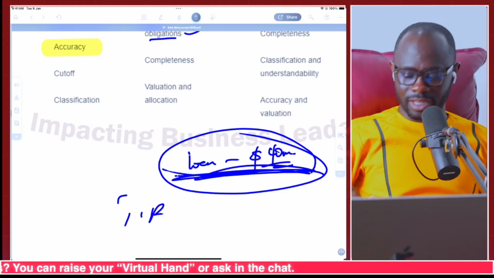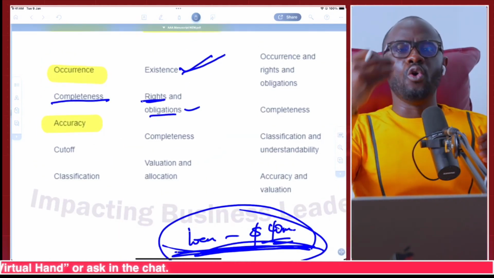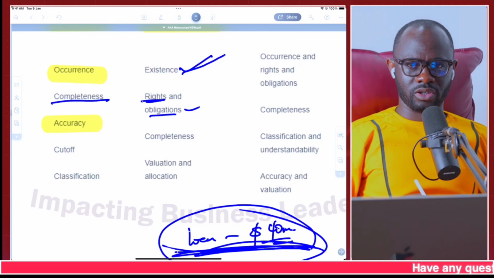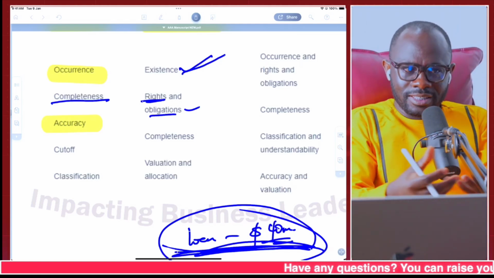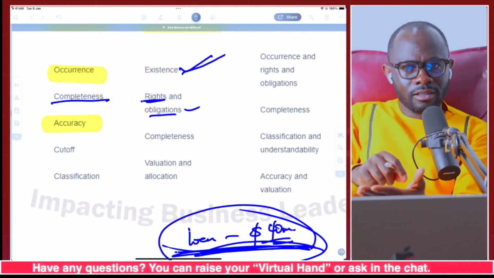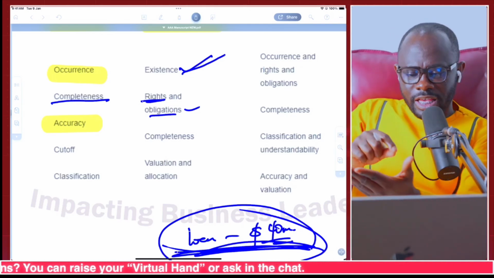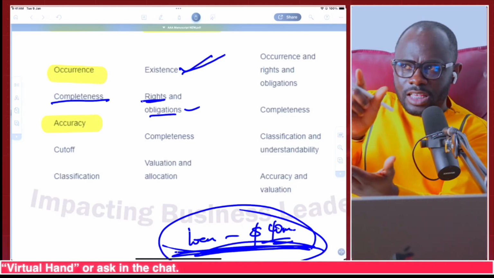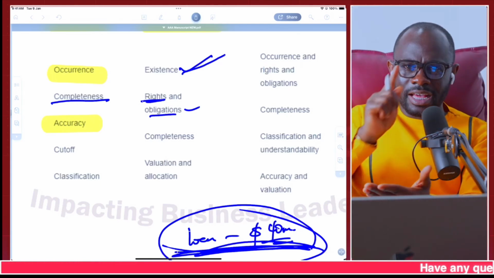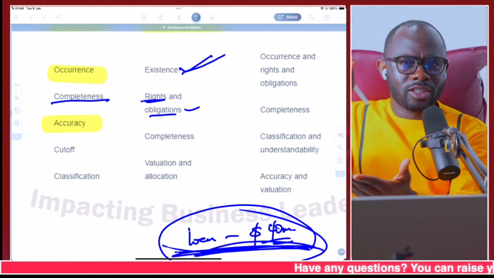That's obligation. So rights relates to ownership. So that's why we're going to review title documents. We're going to review lease contracts to find out who is the lessee, who is the lessor. Because if the entity leases an asset from the board chairman or from a key management personnel, then that is a related party transaction.